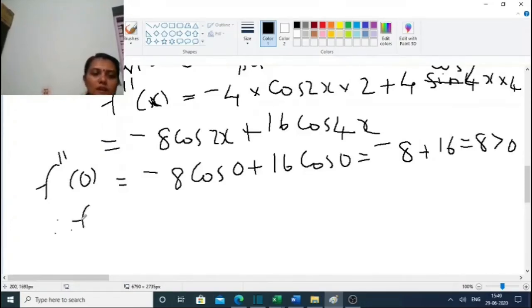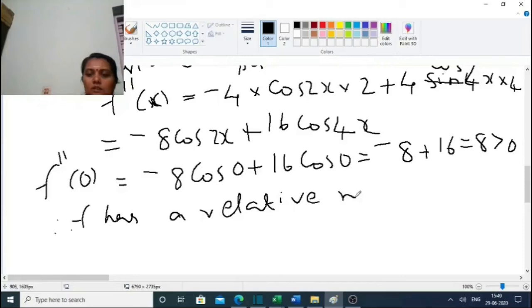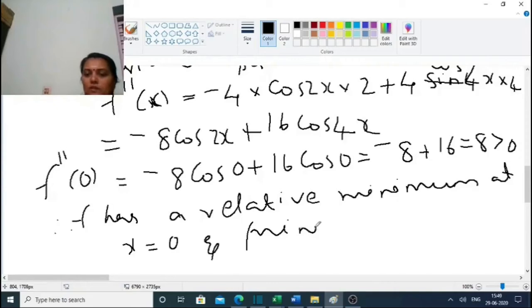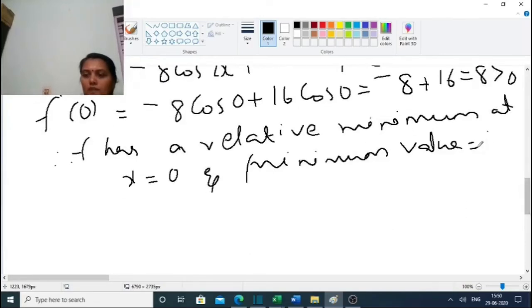Therefore f has a relative minimum at x equal to 0, and the minimum value is f of 0.